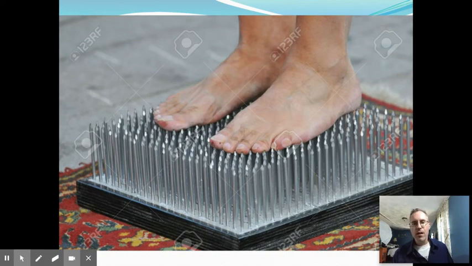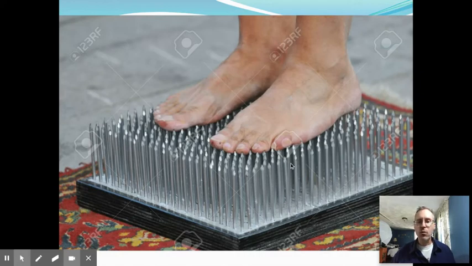And, as amazing or crazy as that sounds, it actually is not the force of your weight that comes into play here. It's the pressure that your weight exerts over the surface area of the bed of nails.